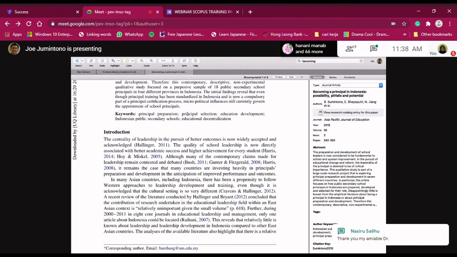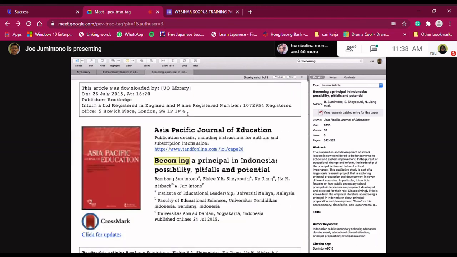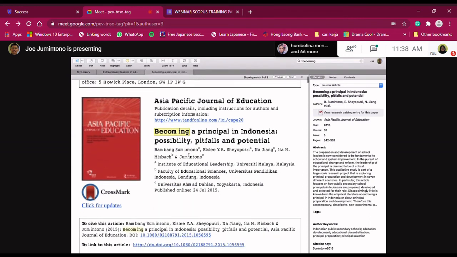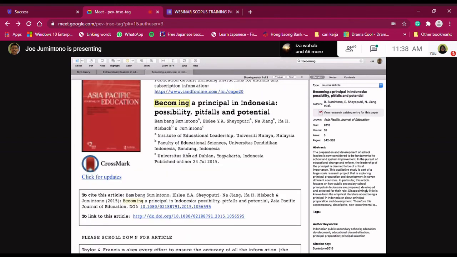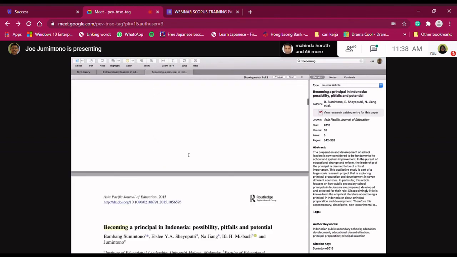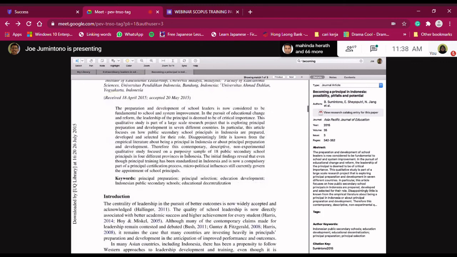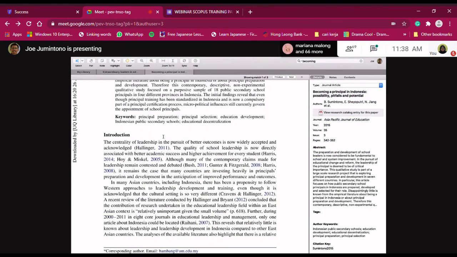I'm talking about becoming a principal in Indonesia. This is the topic. But we can put in the first sentence talking about leadership. Principal starts from leadership.